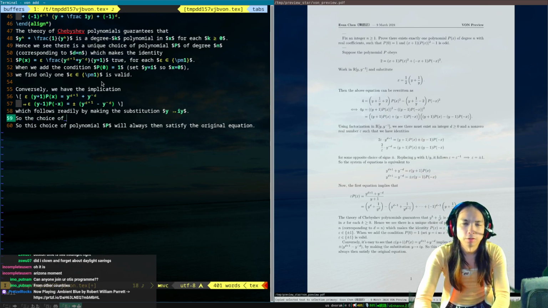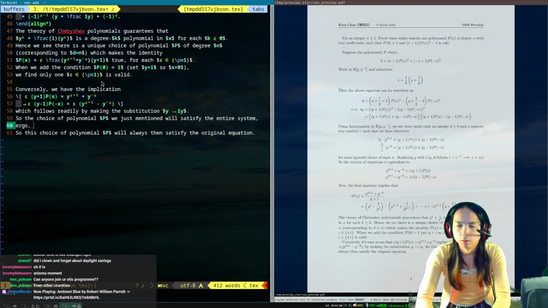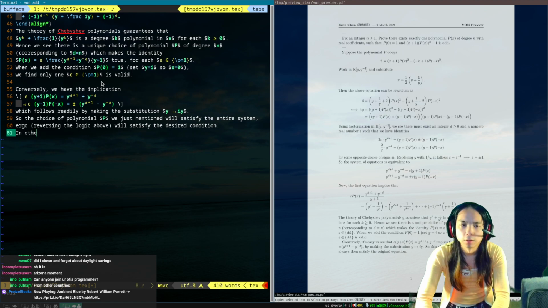So the choice of polynomial p we just mentioned will satisfy the entire system, ergo will satisfy the desired condition. In other words, the unique possibility for p does indeed work.